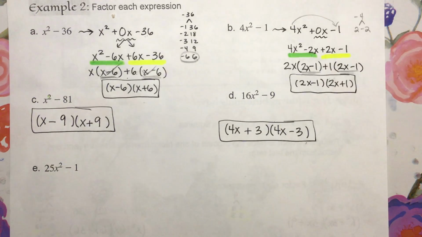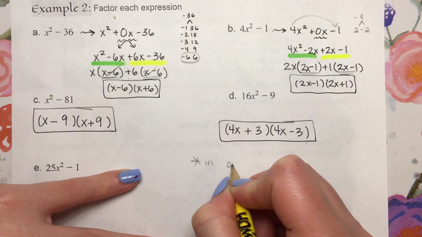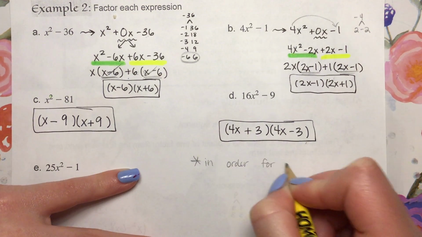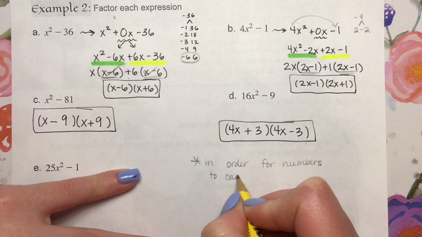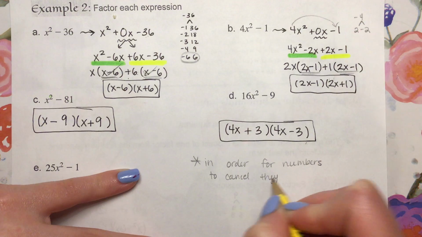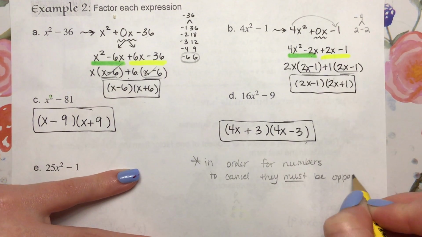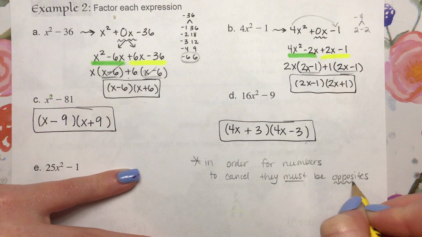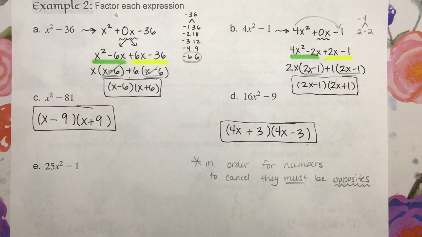So I'm going to make a little note of that just to remind you. In order for numbers to cancel, they must be opposites. So that's pretty important. We've talked about that quite a bit in this class.